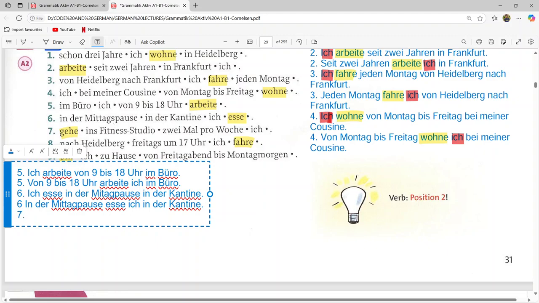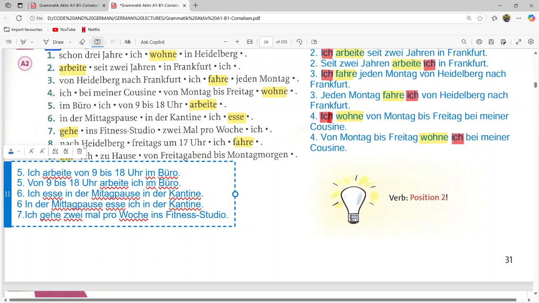The verb is gehe. Okay, so ich gehe zweimal pro Woche ins Fitnessstudio. Okay, so we can write like this, no problem.